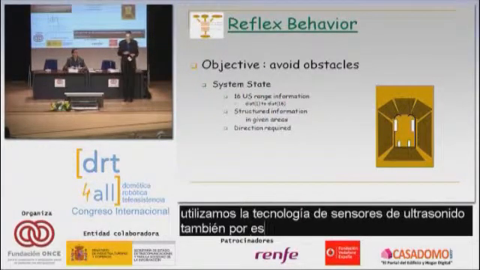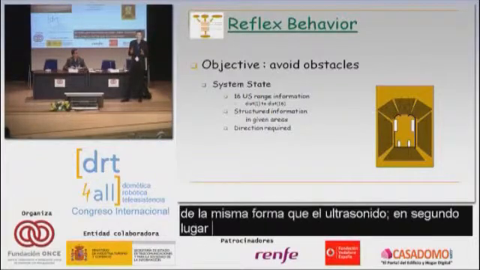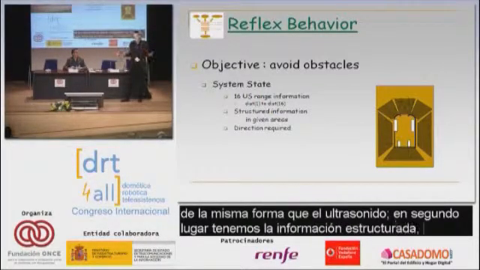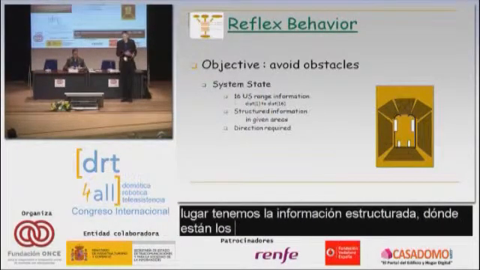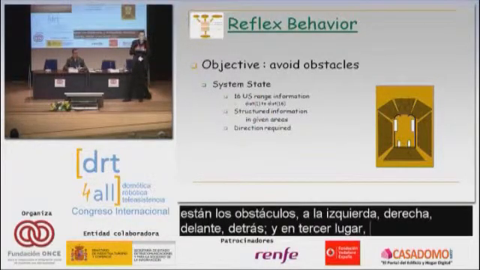The second information of the state is structured information. Where are the obstacles? In the front and the back, on the left and right, for example. And the third information needed is the direction the person wants to follow.